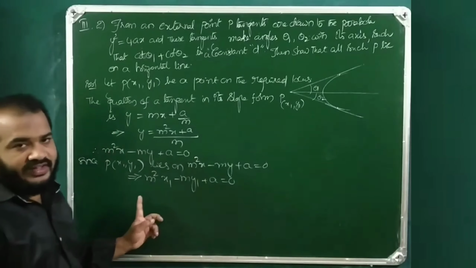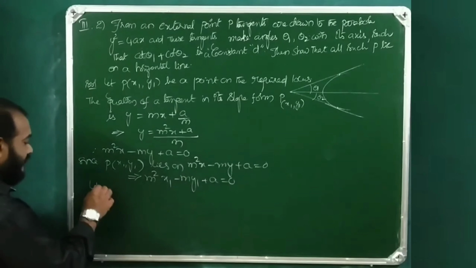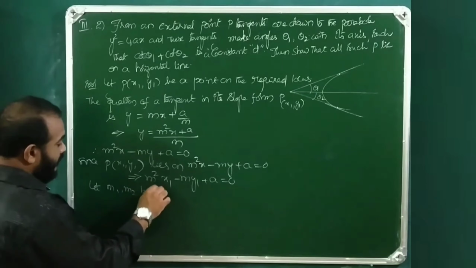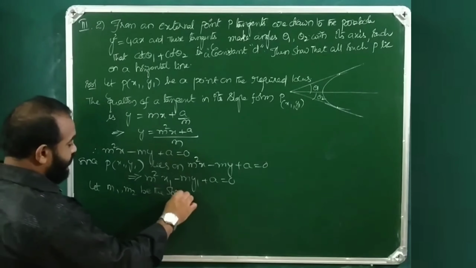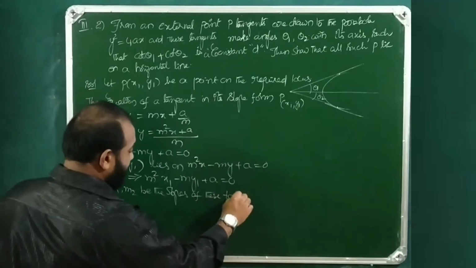So this is a quadratic equation in m. Let m1, m2 be the slopes of these tangents.